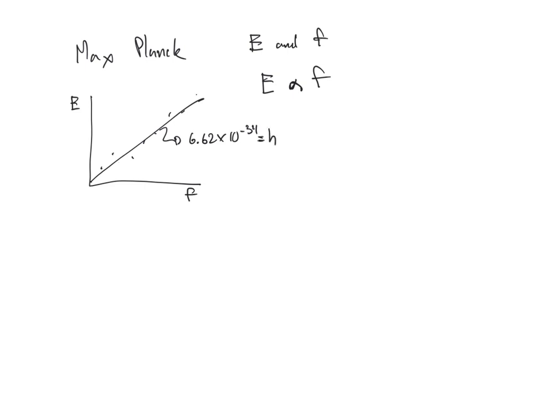I believe it's H. So you ended up with the formula energy is equal to H F. So this is the energy. This is the frequency. And this is what we call Planck's constant.